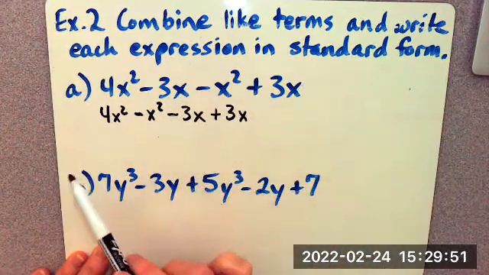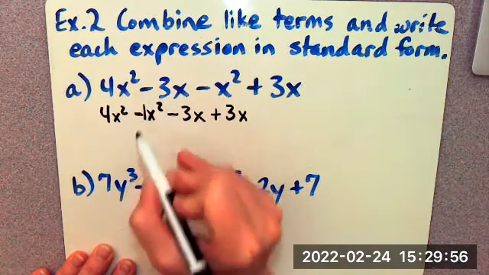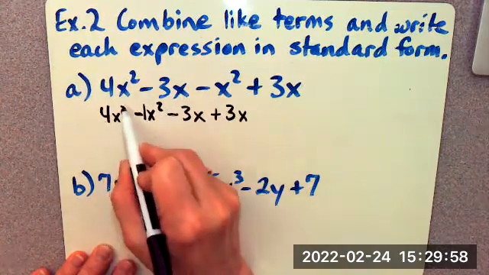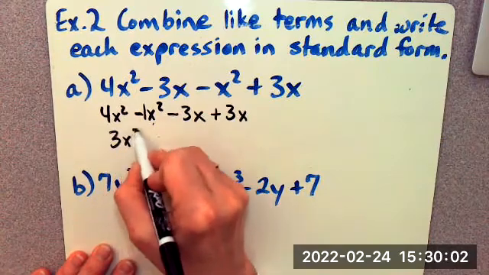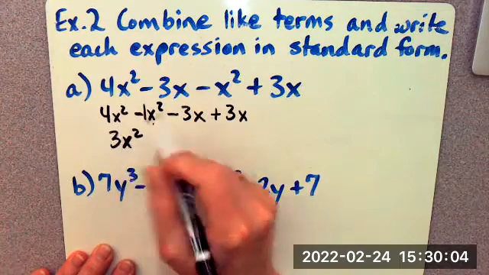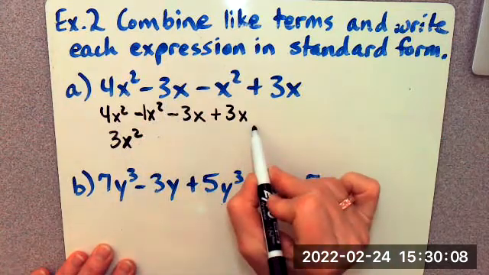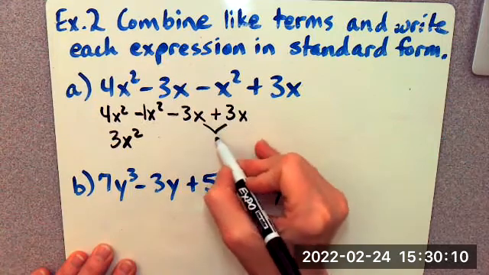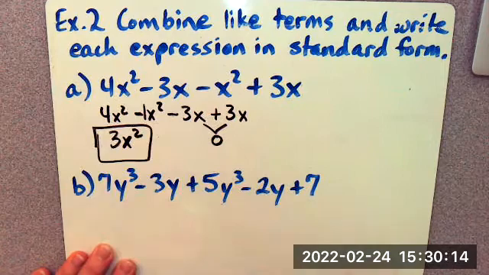So I moved the like terms next to each other. So this one really has a 1 right in front of it. So 4x squared minus 1x squared is 3x squared. And minus 3x plus 3x, well, that is equal to 0. So our answer is just 3x squared.